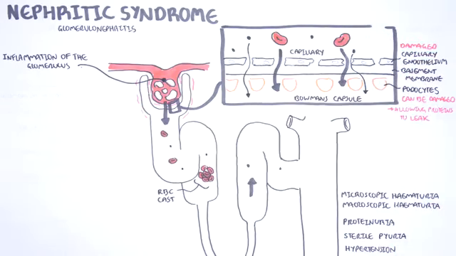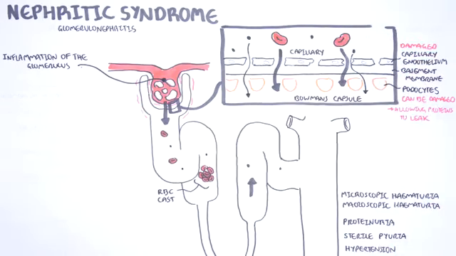Membranoproliferative glomerulonephritis can be classified into two main types: immune complex mediated and complement mediated. The immune complex mediated type can either be from a primary cause, also known as an idiopathic cause, or secondary to an infection, autoimmune disease, as well as paraproteinemia.